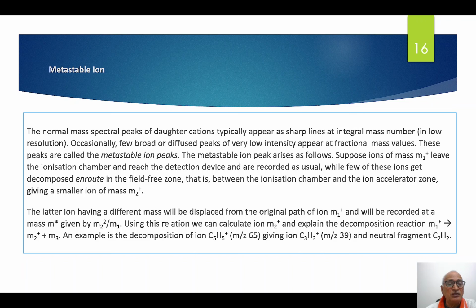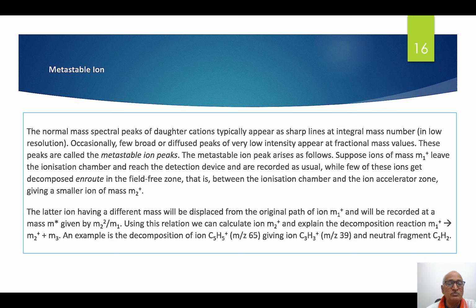The latter ion having a different mass than M1 will be displaced from the original path of ion M1 and will be recorded at a mass M star given by the formula M2 square divided by M1. Using this relation, we can calculate ion M2 and explain the decomposition pathway M1 giving M2 plus neutral fragment M3.